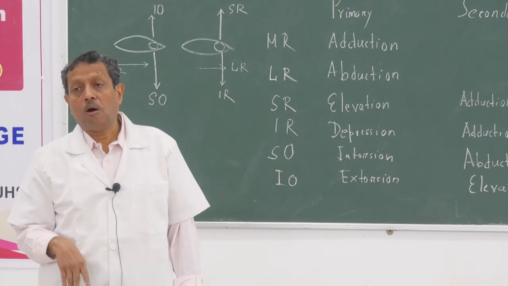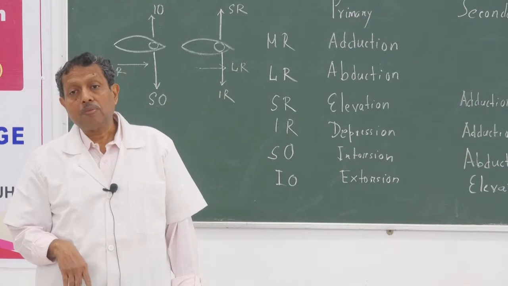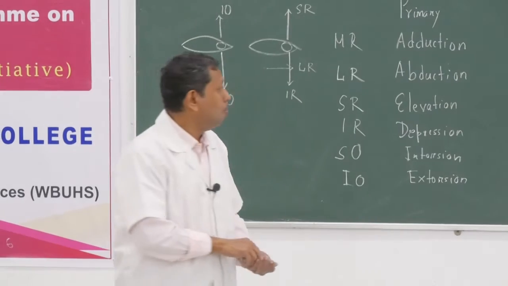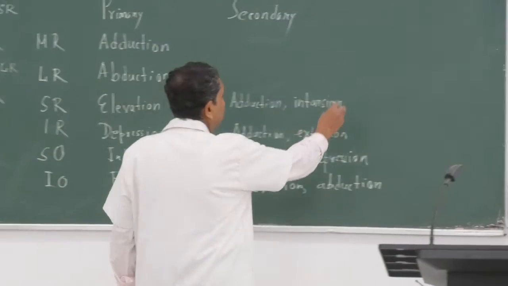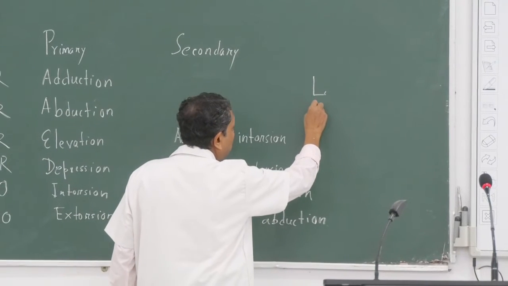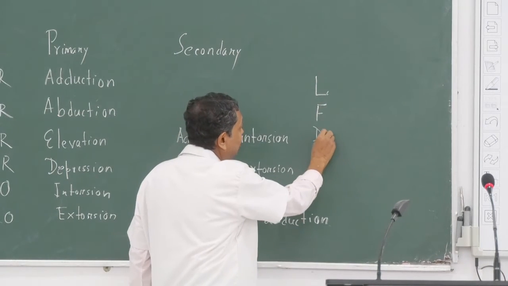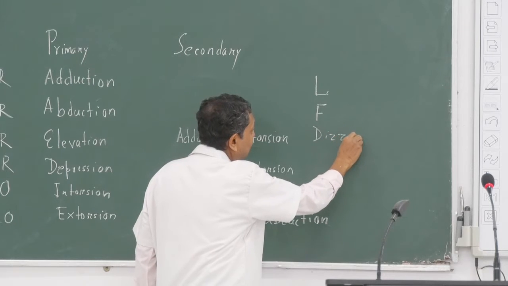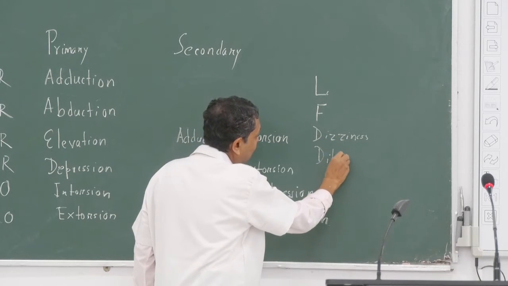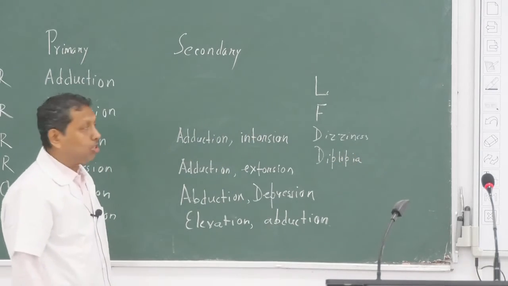False orientation, dizziness and diplopia. These are the symptoms, signs or symptoms that arise. Limitation of movement, and false orientation, and dizziness, and diplopia.